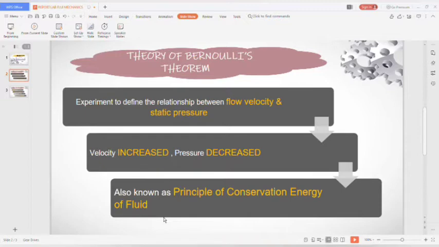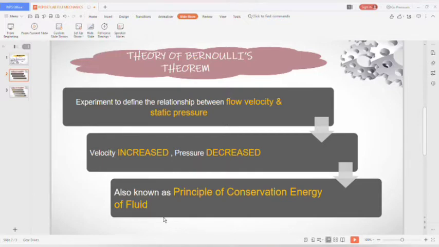The main objective is to find the relationship between velocity and pressure in a flowing fluid. We conduct this experiment using the Venturi machine in the lab, and we jot down the results in our lab report.